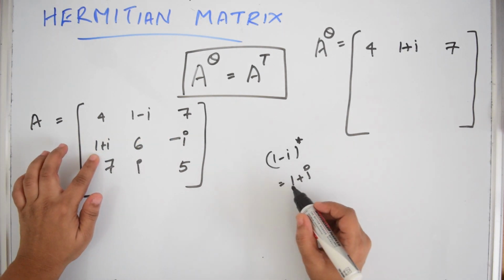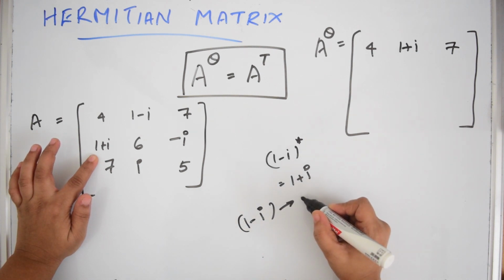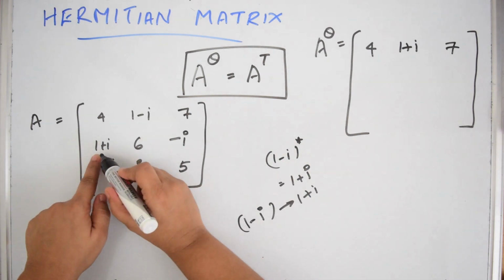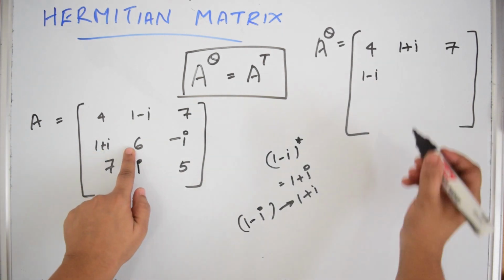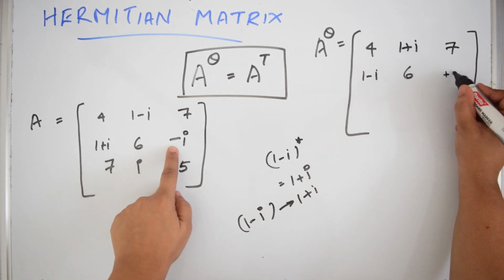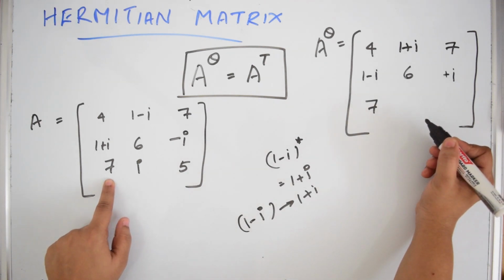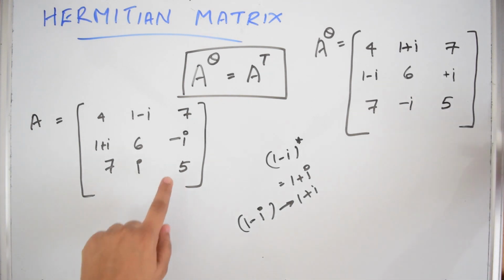So for a complex number, we have to make its conjugate form. Okay, so 1 minus i will become 1 plus i, and 1 plus i conjugate is 1 minus i. 6 we can write it like that only. Minus i will become plus i. 7 we can write it like that. i will be minus i, and 5 we can write it like that only.